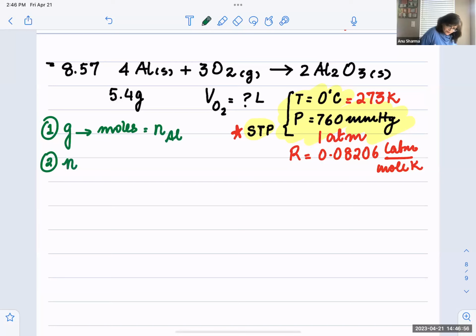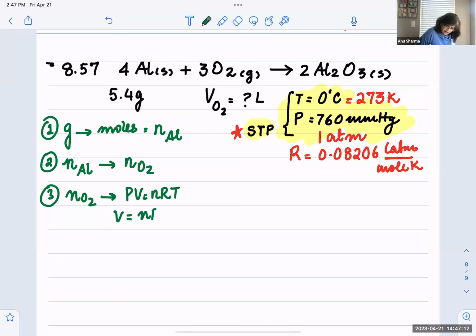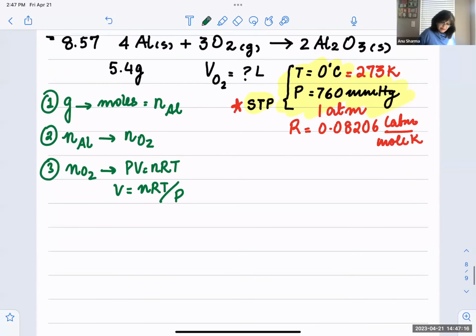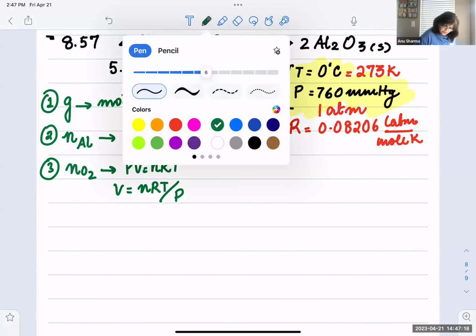Next, you can convert the moles of aluminum to moles of oxygen. Once you get the moles of oxygen, you are going to plug it into the formula PV is equal to nRT, and through the rearrangement, we get V is equal to nRT over P. So this is a very basic thing. Now, let's start doing this.